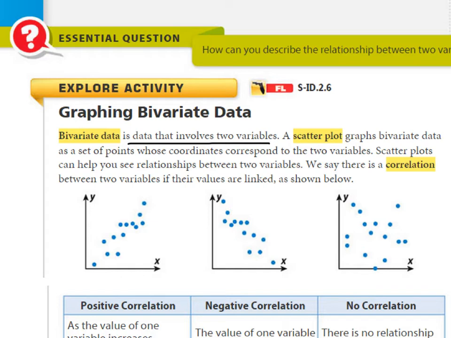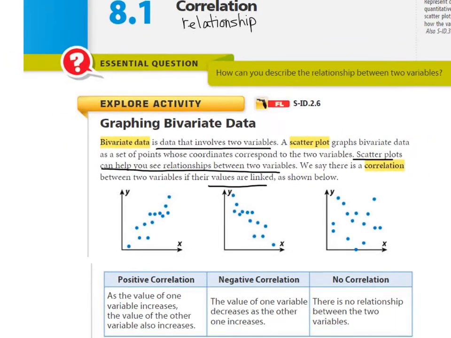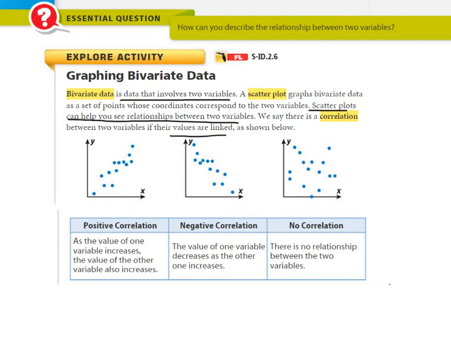One way to show this data is with a scatter plot, and that allows us to see what kind of relationship occurs between the 2 variables. And we say there's a correlation if you can link their values, as shown below. In the first one, because the general trend of the dots is going up, we say that it's a positive.